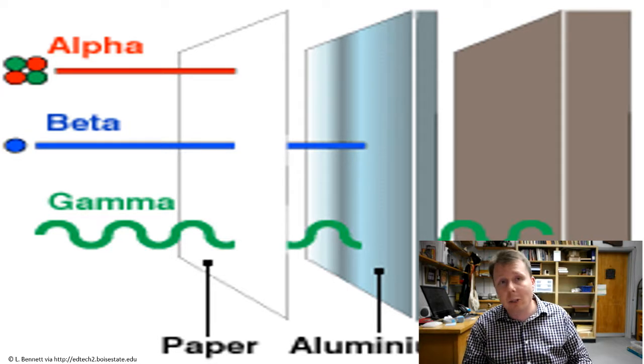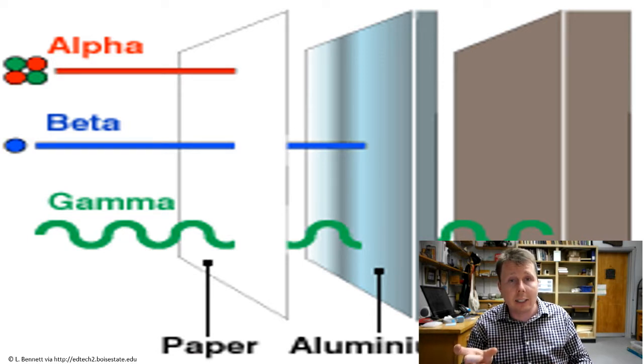Now, gamma is the most dangerous, and you can see why here. Gamma decay is so powerful and energetic, it's going to go through the paper, it can easily pass through aluminum, and you actually need lead to stop it. Lead thickness is also not written here, but the imagery shows a relatively thick lead sheet.